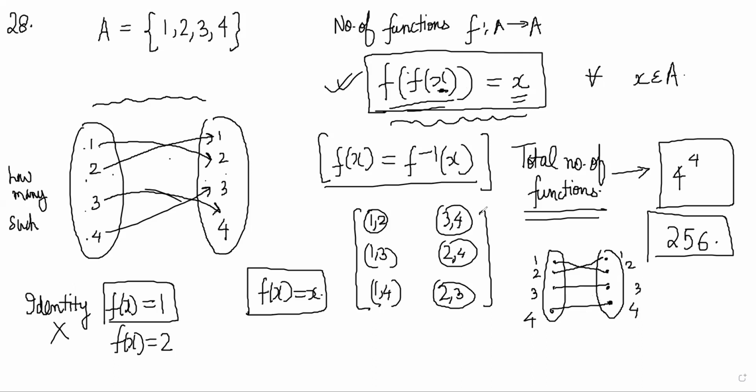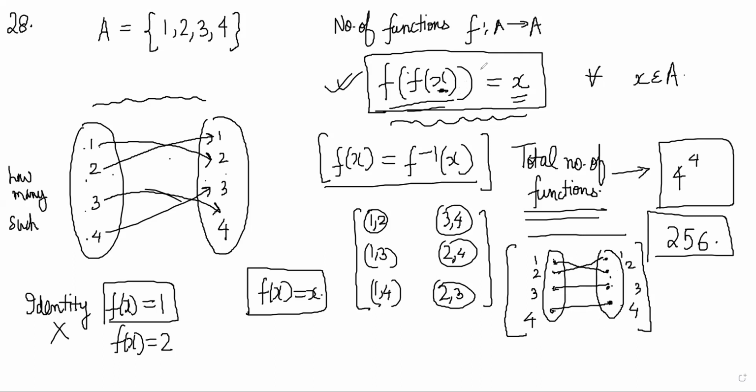Are you understanding why it works? Sir, can you explain the function again? Suppose this is my function: f of 1 is 2, f of 2 is 1, f of 3 is 3, f of 4 is 4.